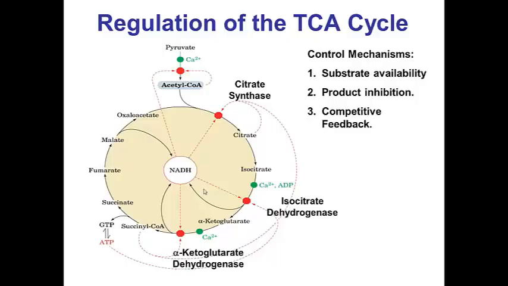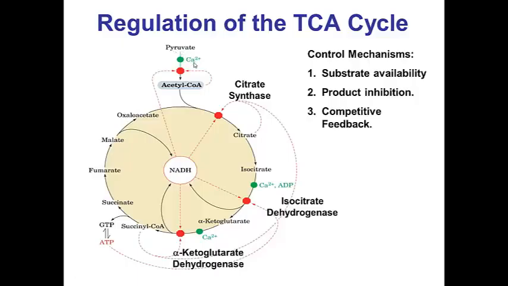In addition, sensors that the cell is low on energy can also activate these enzymes. So for example, ADP can activate isocitrate dehydrogenase, which suggests that we need to feed more intermediates through the TCA cycle in order to make more energy. Calcium also activates alpha-ketoglutarate dehydrogenase, isocitrate dehydrogenase, and pyruvate dehydrogenase.